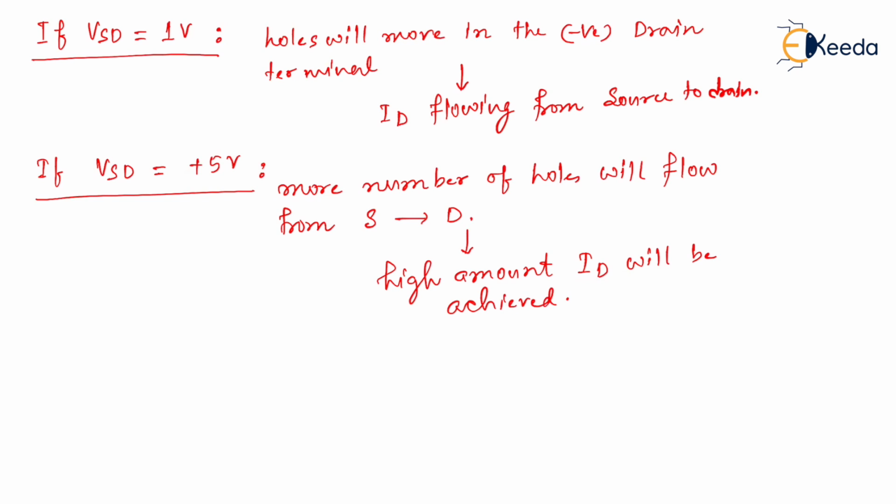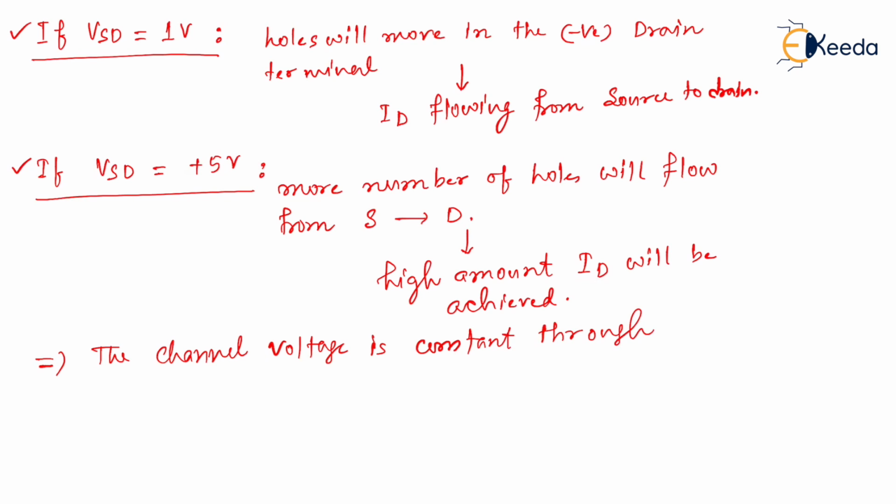Now during these two cases, case 1 VSD equals 1 volt and VSD equals plus 5 volt, we have assumed that the channel voltage is constant throughout its length.